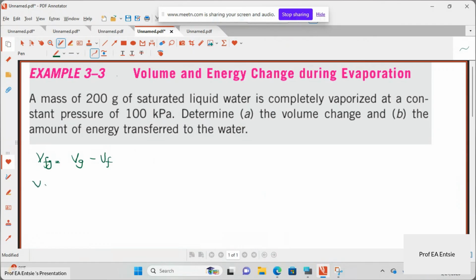So I will need vf at 100 kilopascal. I'll find the value. Then I also need vg at 100 kilopascal. But they said it's saturated water. So you go to the saturated water table.